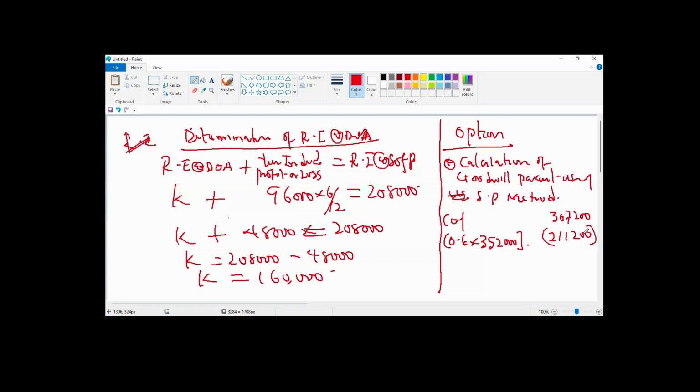It's 211,200. Minus 307,200, so the goodwill of the parent is 96,000. This is the parent goodwill.